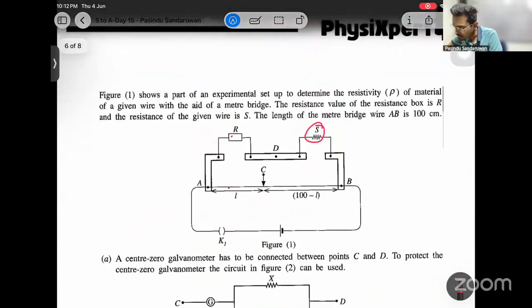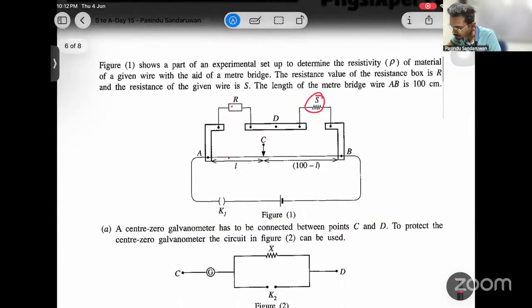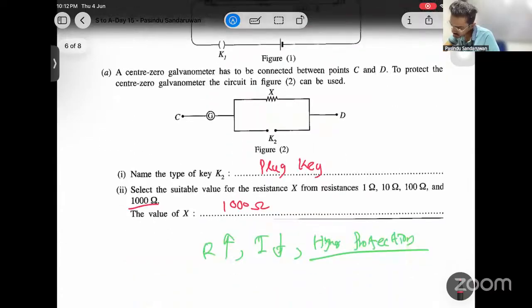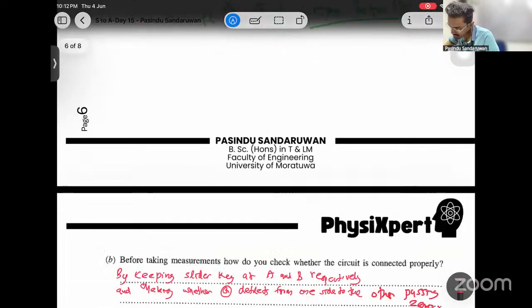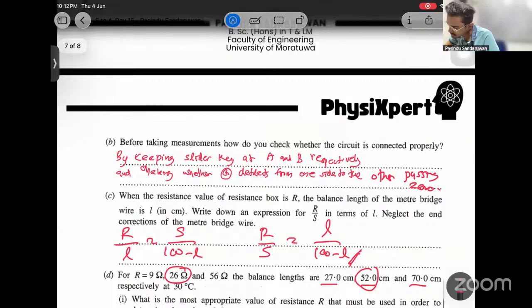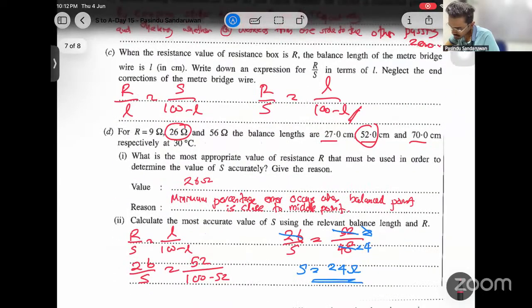It was given somewhere. Where was it? Here. It is at 30. Initially it is at 30.